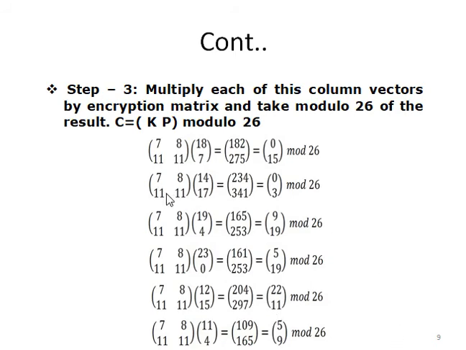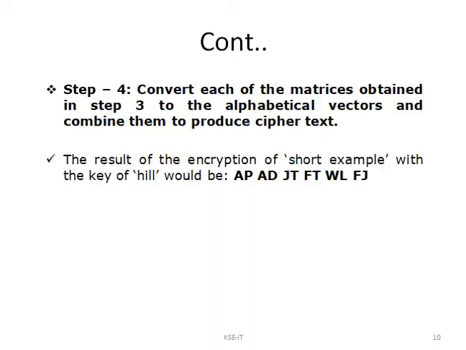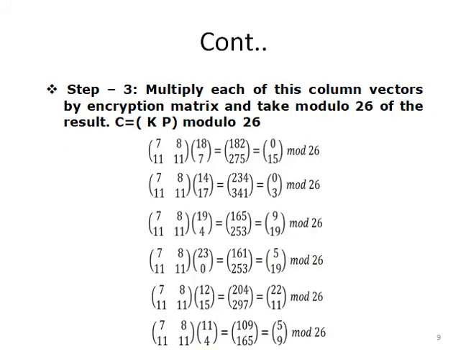Do the key and column vector matrix multiplication, and then take modulo 26 of the result. Now in step 4, convert each of the matrices obtained in step 3 to the alphabetical vectors and combine them to produce ciphertext.